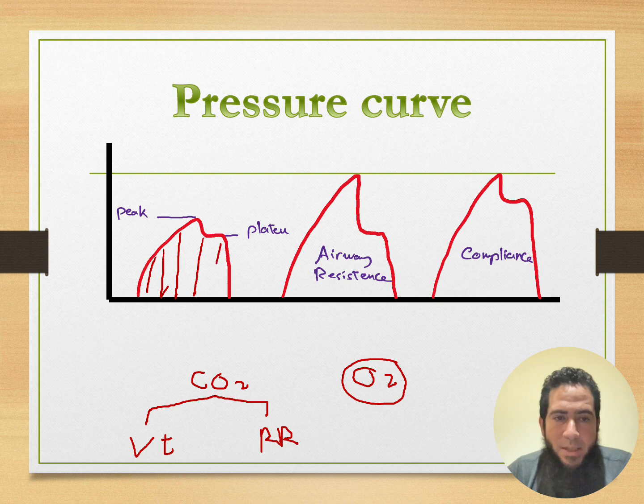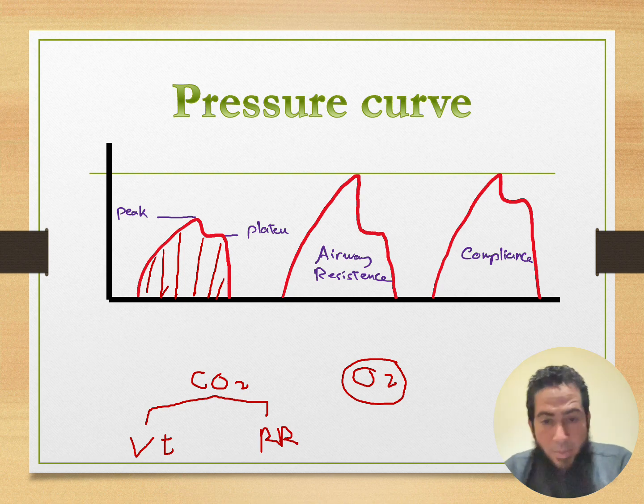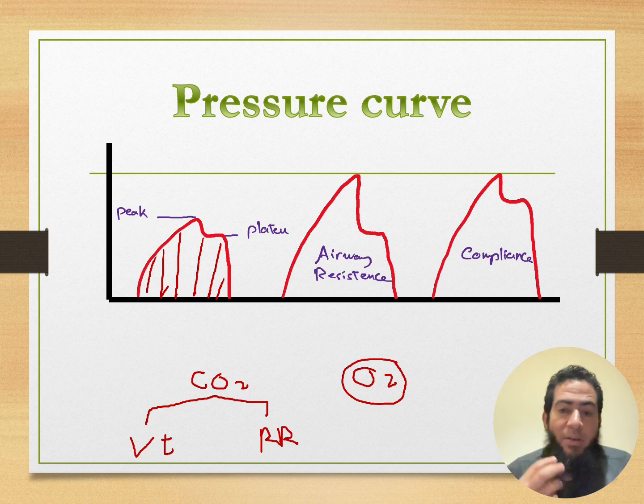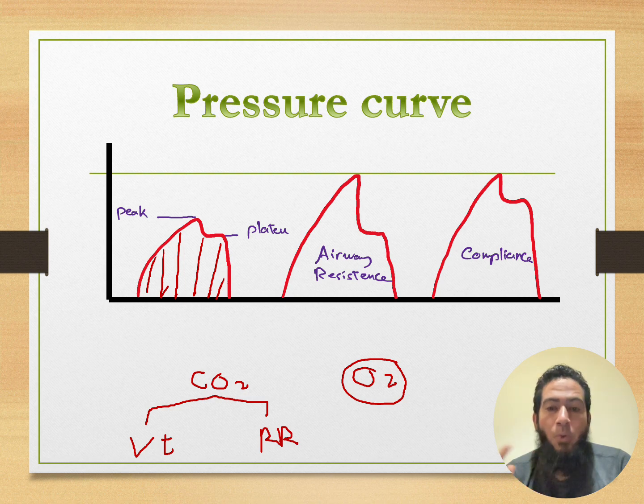If you can see what I'm drawing here, the area under the curve determines the oxygenation, or the PO2. So the more the area under the curve, or the mean airway pressure, the more recruited will be the alveoli, and the more oxygenation will happen.